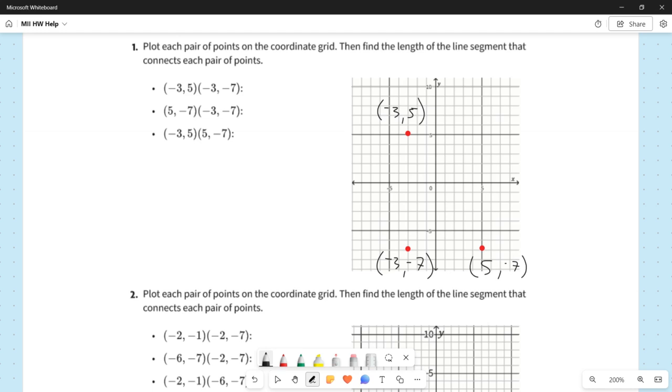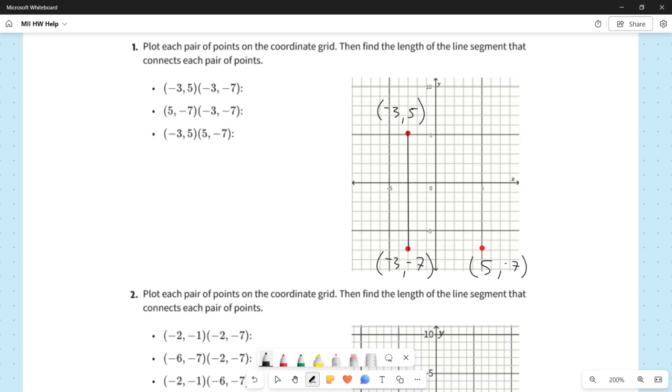So plot each pair, find the length. So our first length is right there. So what is the distance from -3, 5 going straight down to -3, -7?